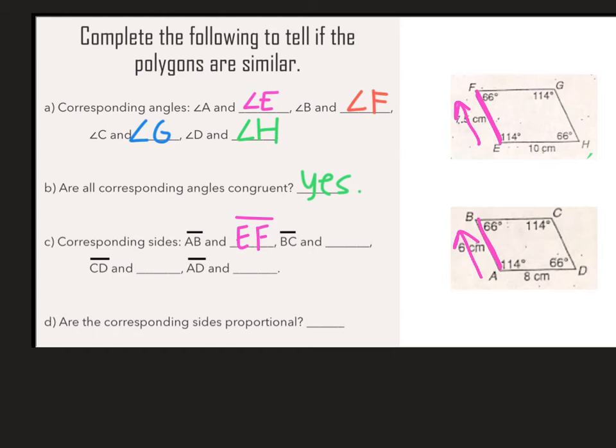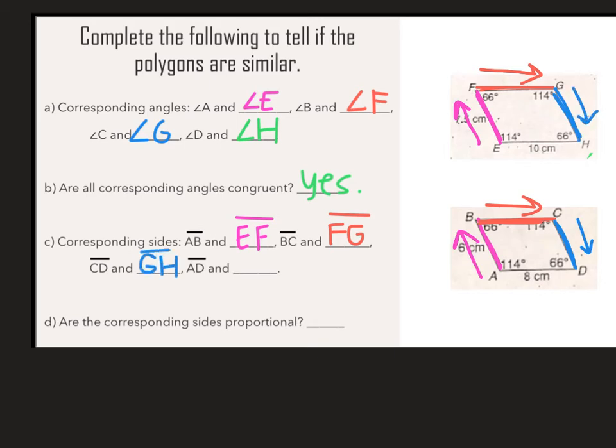So next one, same idea. We're looking at side BC right up top. So that went from B to C. So we need to do the same thing from F to G. So BC corresponds to side FG with our little line above it. Same thing, next one, side CD corresponds to GH.